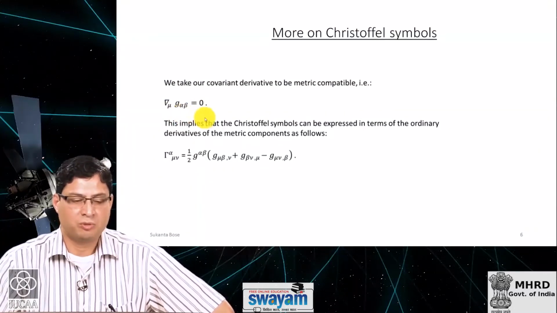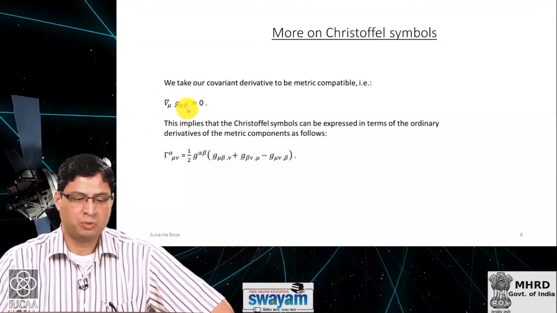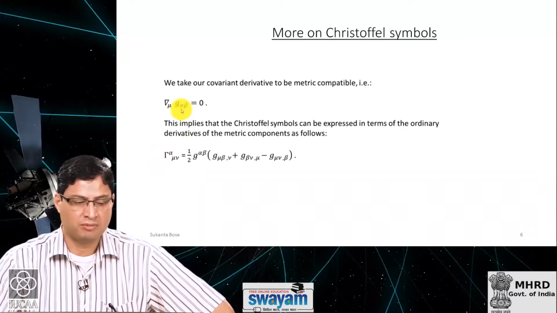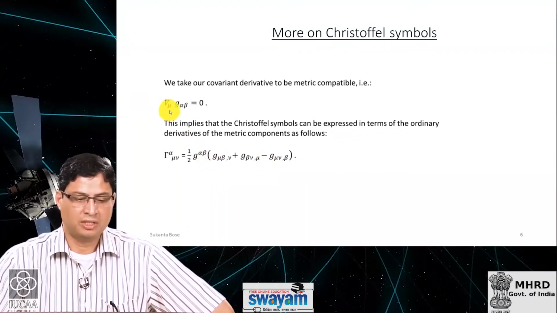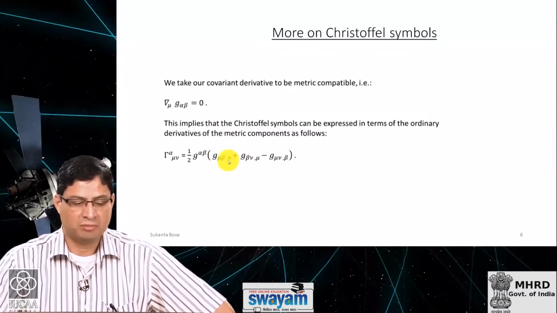And when you carry out those processes, of course, you will pick up Christoffel symbols. You can write 3 such equations by cyclically permuting this mu, alpha, beta indices, and then by adding or subtracting them carefully, you can show that a Christoffel symbol can be expressed in terms of ordinary derivatives of the metric components as shown here. Remember, these covariant derivatives will have ordinary derivatives as well, apart from the terms involving the Christoffel symbols. So you can take this as an assignment.